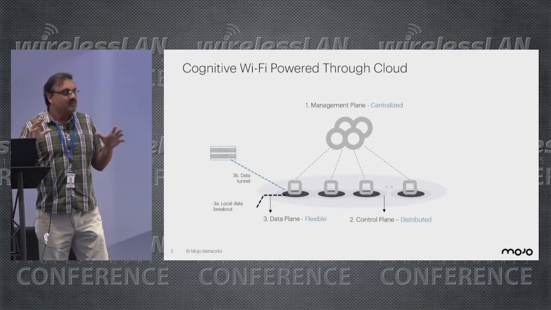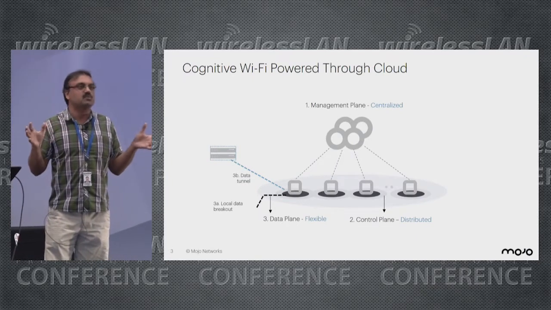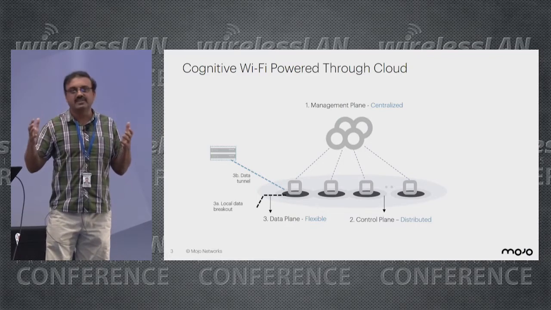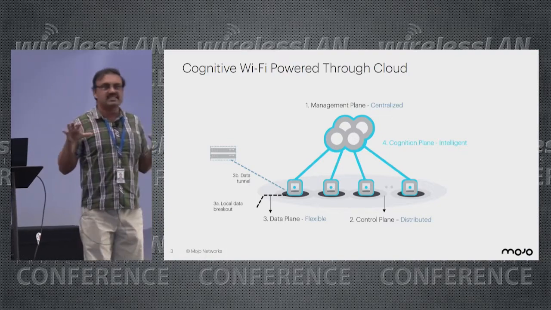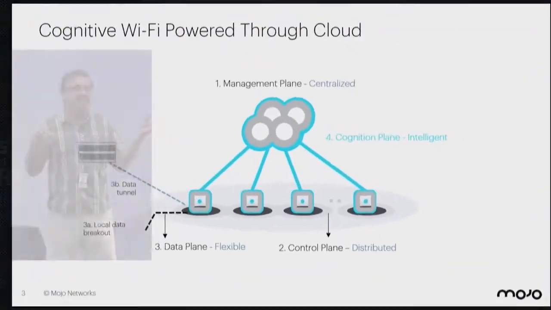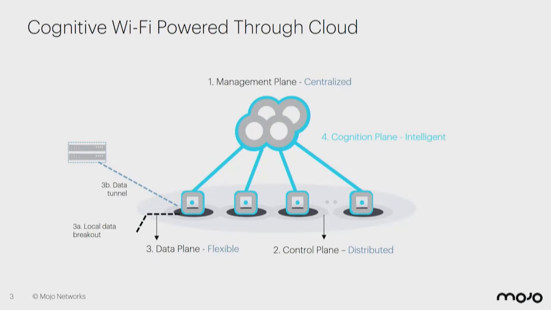So these are the components in any typical WLAN. Yes, it's cloud-based and slightly different. But what I'm going to talk about more today is that, in addition to the data plane, control plane, and management plane, we also have the cognitive plane. This runs as a fabric throughout the network, has components at the access point, the backend server, and the cloud, and brings some kind of intelligence into the system. It has a big data component where we store certain key parameters related to system or client health.